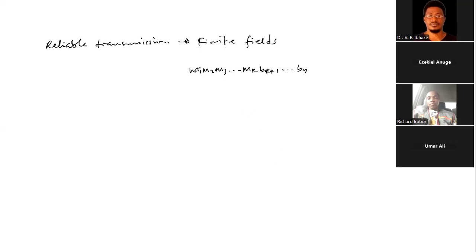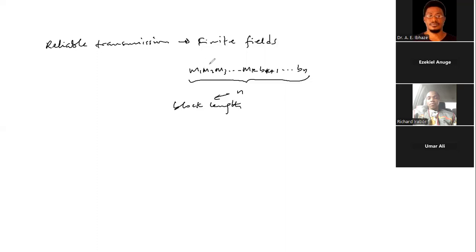Now, if we transmit this, we'll observe that this particular string of finite elements is of duration n, which we will call the block length. So if we're able to transmit this, it is ordered.